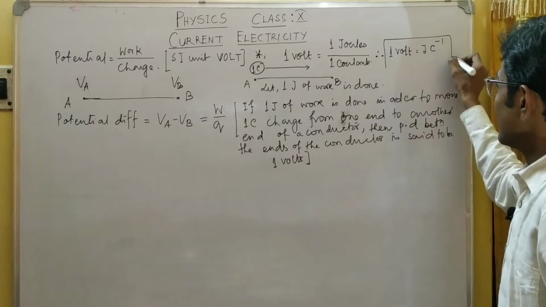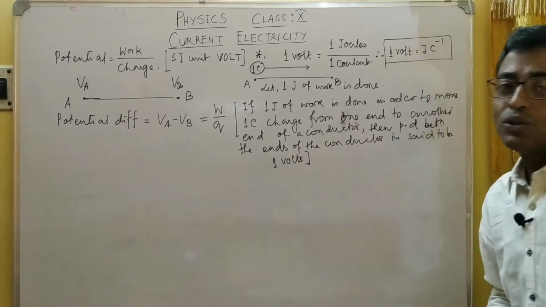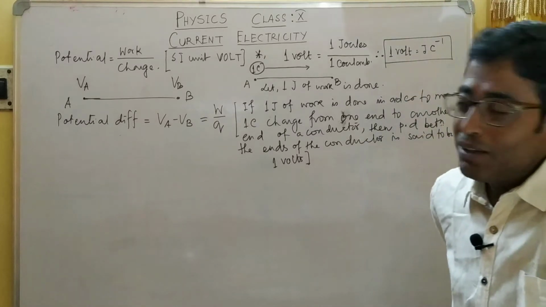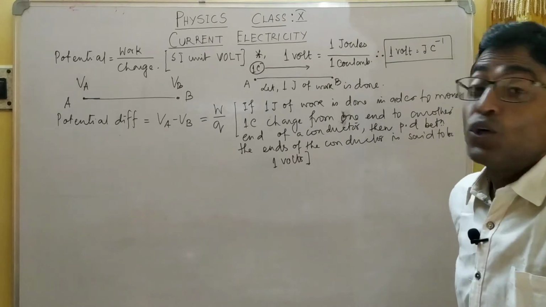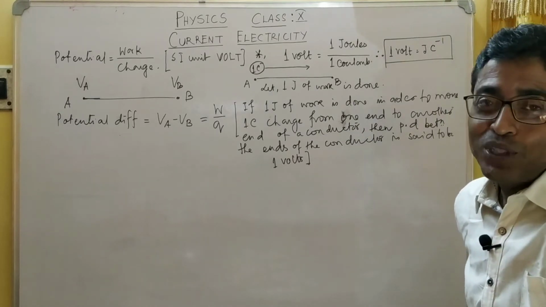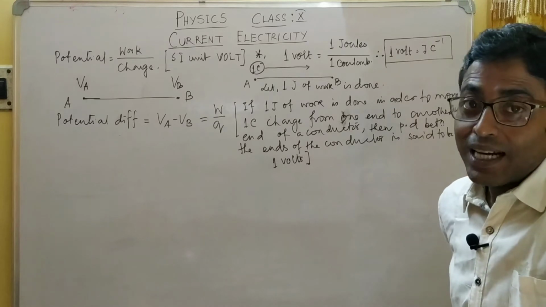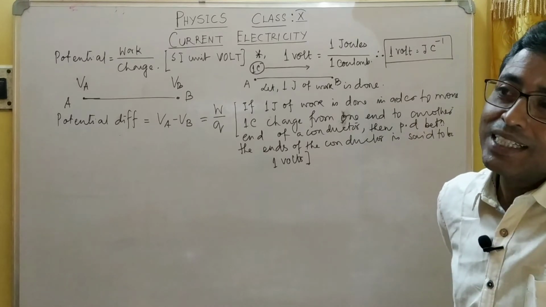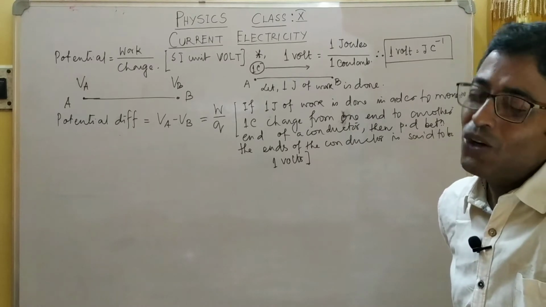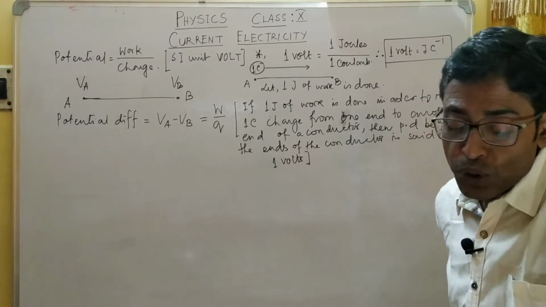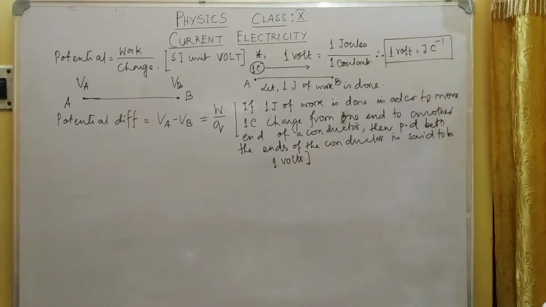Remember this one. It will be required by you in a slightly higher class, in class 12, to write all about the potential. Not only studying current potential, you will be studying about electric potential and learning about magnetic potential. All are waiting for you. So now let's continue with our discussion.